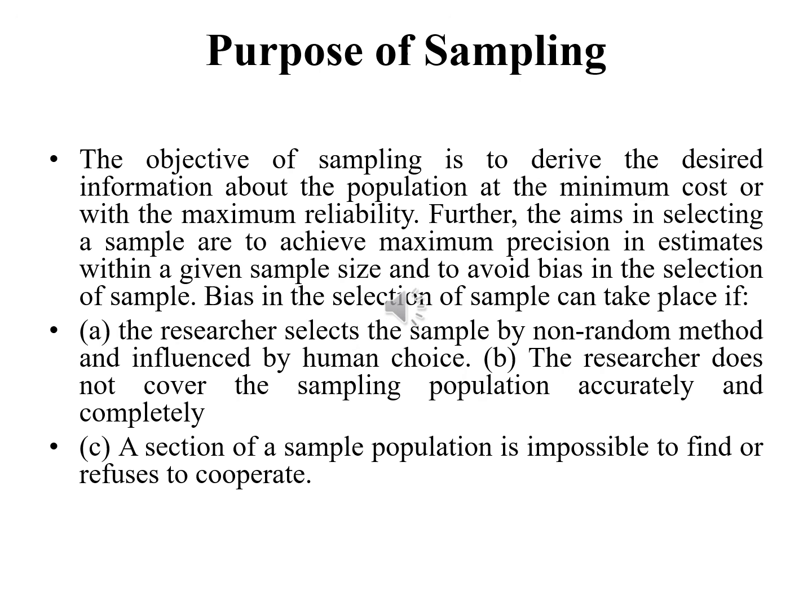Then the second is maximum reliability. The second purpose of sampling is maximum reliability. The sample should provide accurate and trustworthy information about the population. So because of that, it maximizes the reliability.